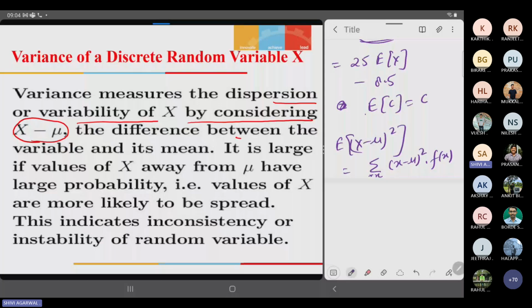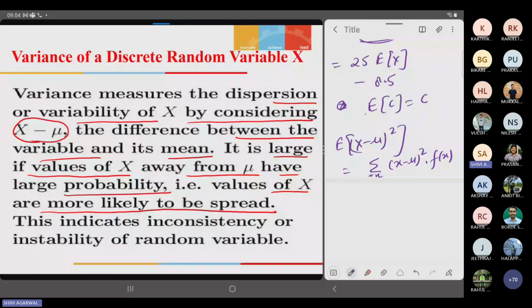So the difference between the variable and its mean is large if values of x away from mu have large probability. Large values of x are more likely to be spread. It means x is spread out very largely. That's why the variation from its mean is very large, and the variance is also very large.